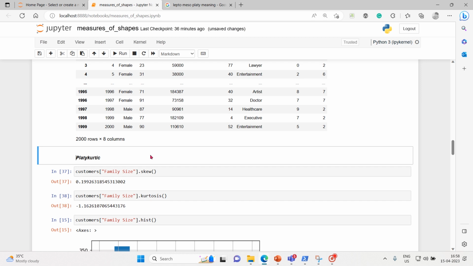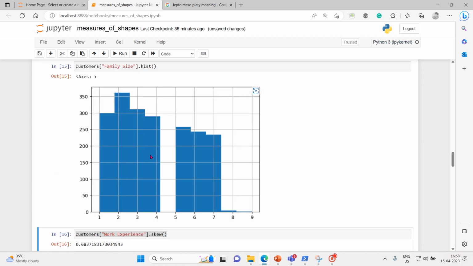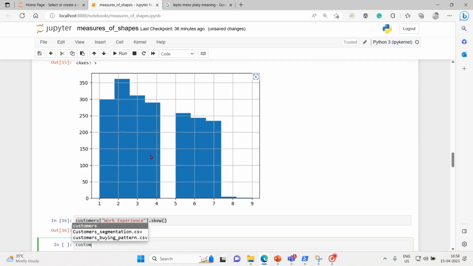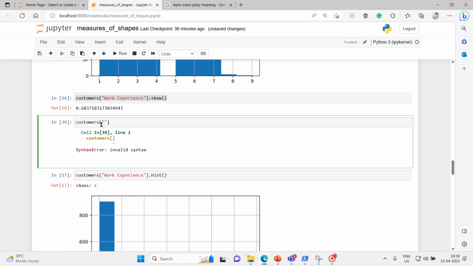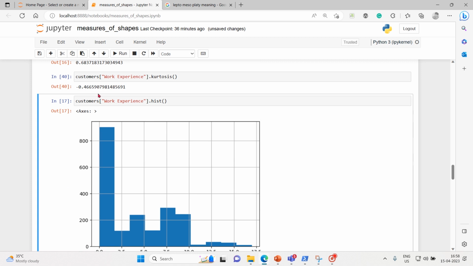Let me see the customers' work experience, and then its kurtosis. It's minus 0.466. Of course, it's a negative one. A negative kurtosis is platykurtic. Platykurtic is a flat bulge.